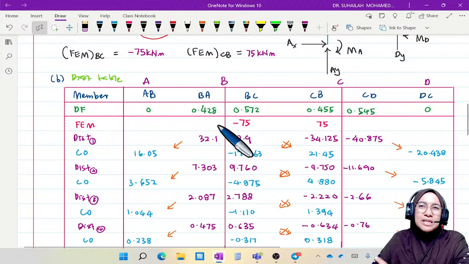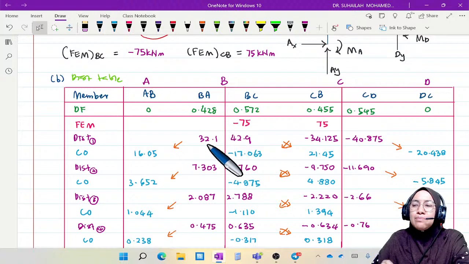It means that the value that we distribute is 75, not negative 75. The change sign process happens before we distribute the moment. So it is 75 times 0.428, 32.1, and 75 times 0.572, we get 42.1.